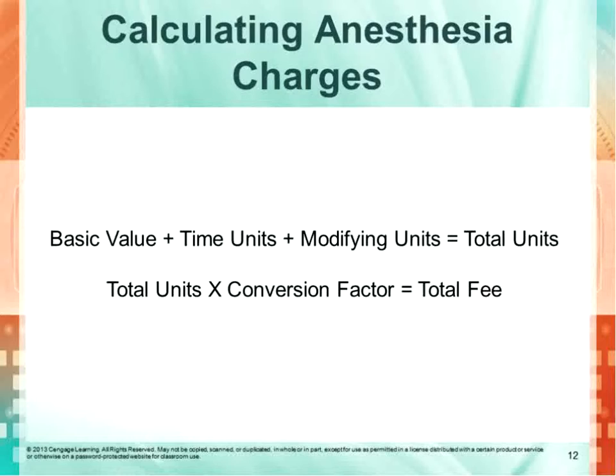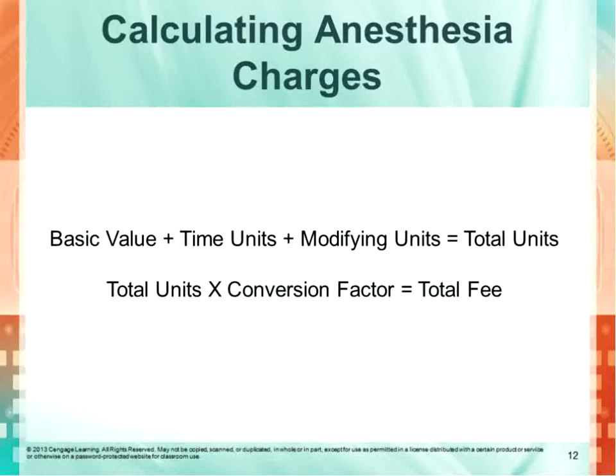So once you get your total units, you're going to multiply that by what we call a conversion factor. Basically, your conversion factor is based on your geographical region, and what this does is convert those total units into a dollar amount.